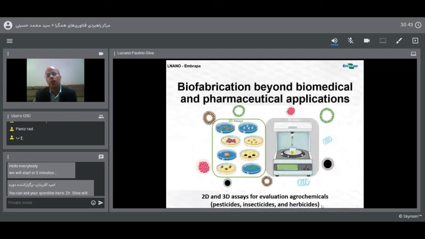And we also understand biofabrication beyond biomedical and pharmaceutical applications when performing 2D and 4D assays for evaluation of agrochemicals, including pesticides, herbicides, and other materials applied to agriculture.